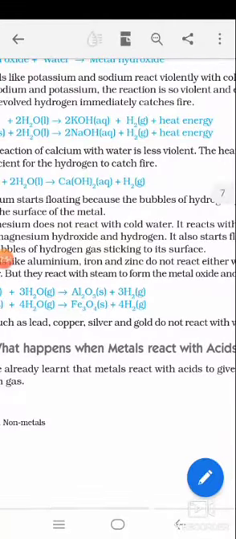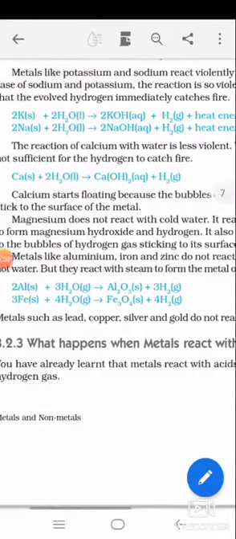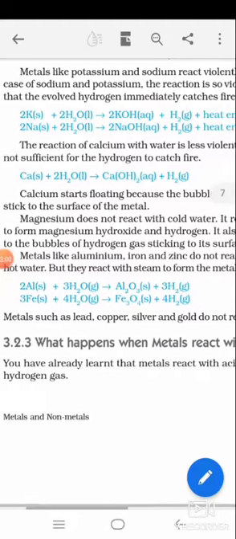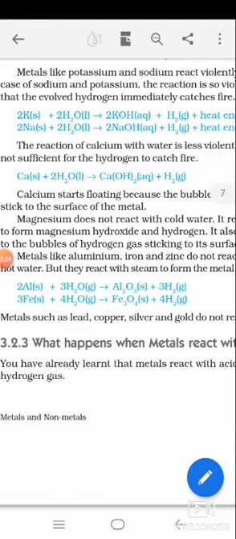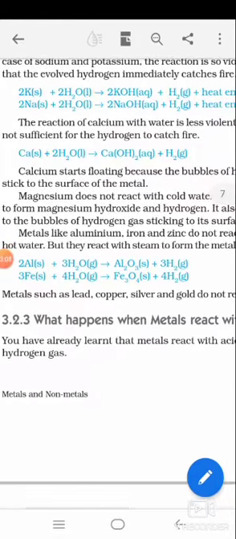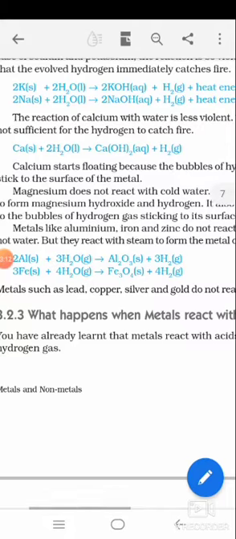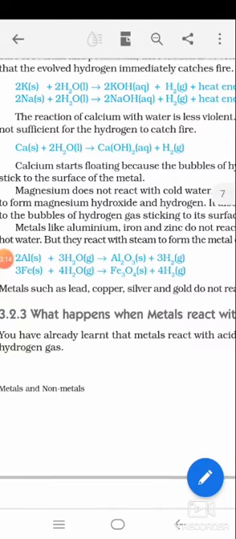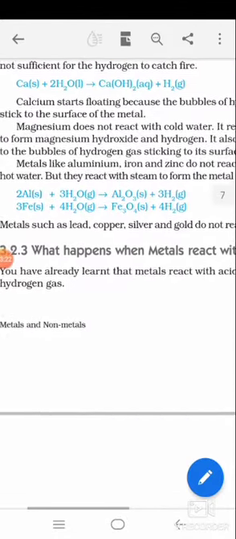Calcium is a metal whose reaction with water is less violent, and the heat evolved is not sufficient for the hydrogen to catch fire. So I think you may be clear. Sodium and potassium react highly with water; calcium is less violent, the heat is evolved, but it is not enough to set the hydrogen on fire.